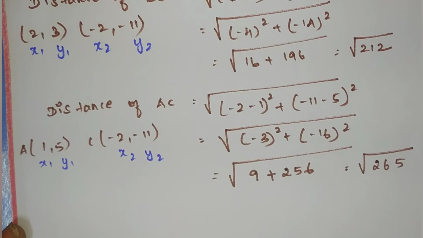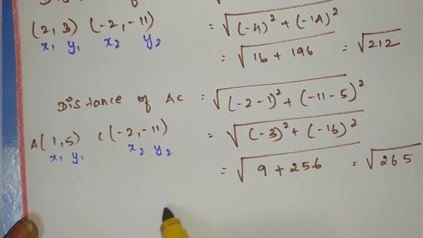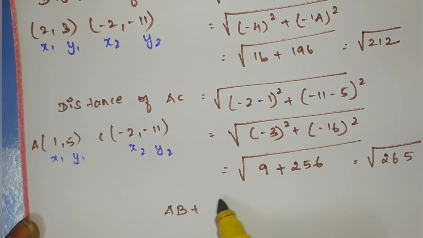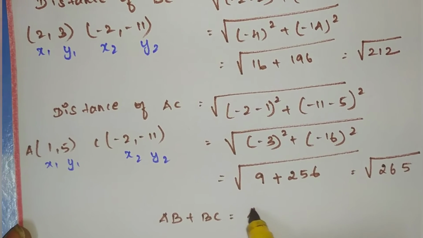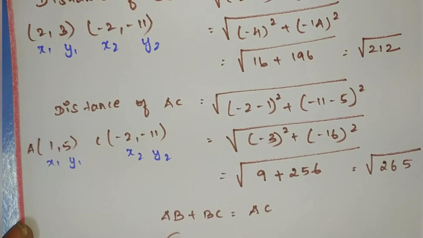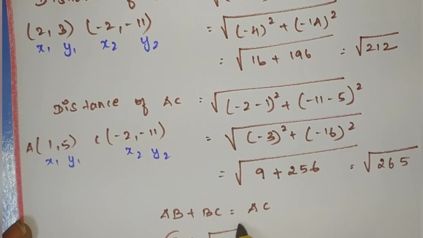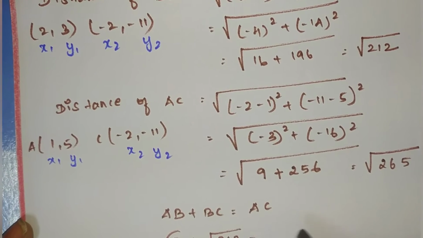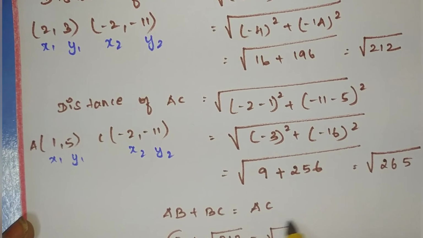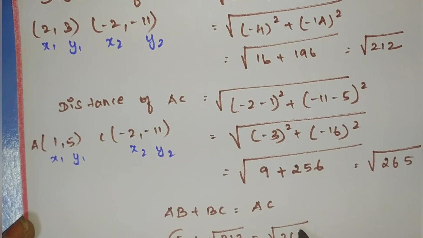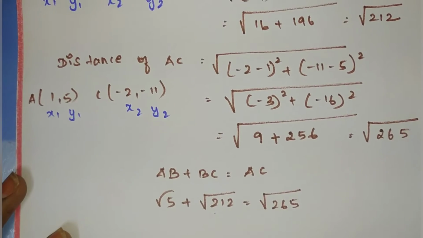Root of 265. What do we have to check, children? AB plus BC is equal to AC. AB is root 5 and BC is root 212 and AC is root 265. Is it equal?